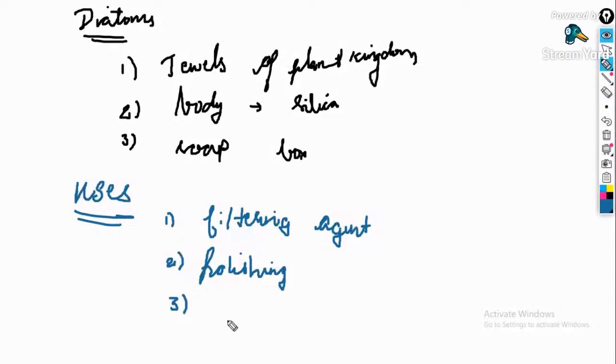Third point, they can be used for making cosmetics and toothpaste.